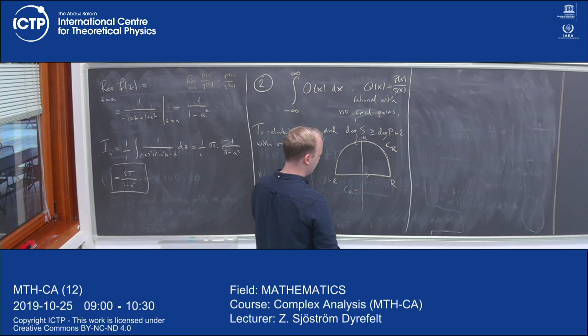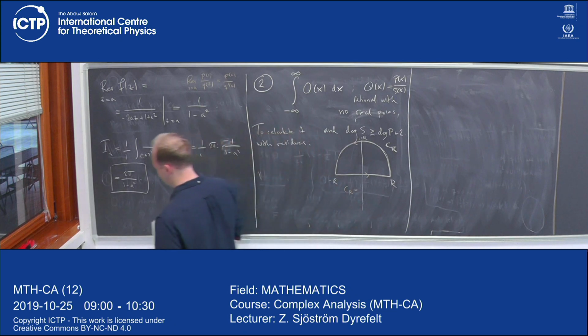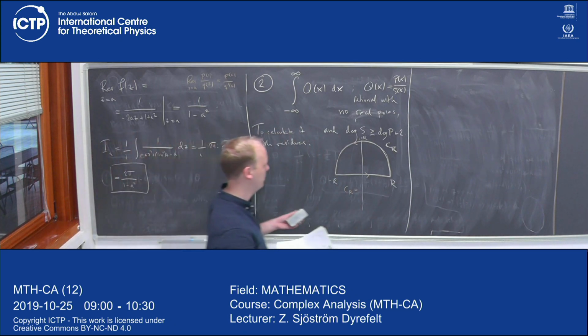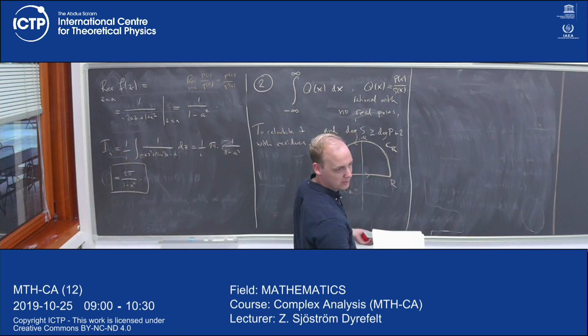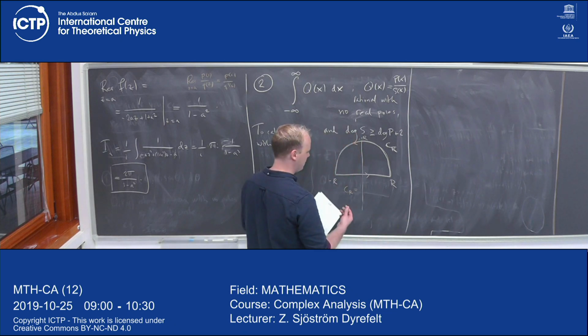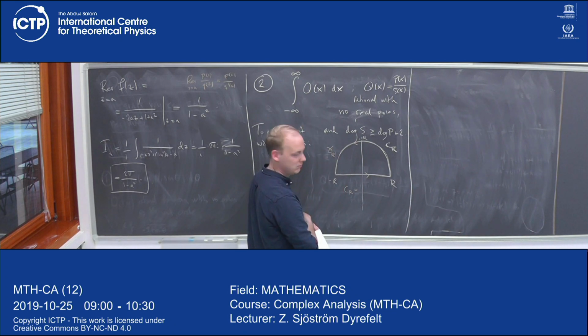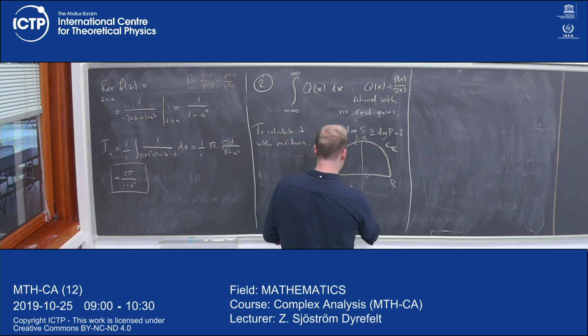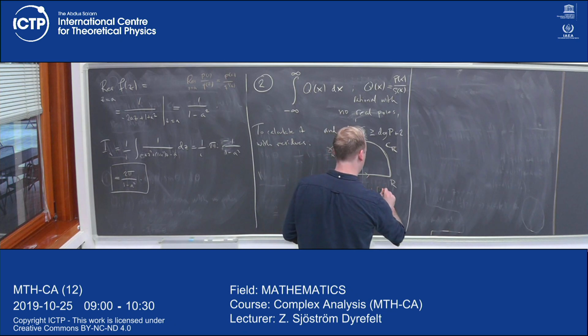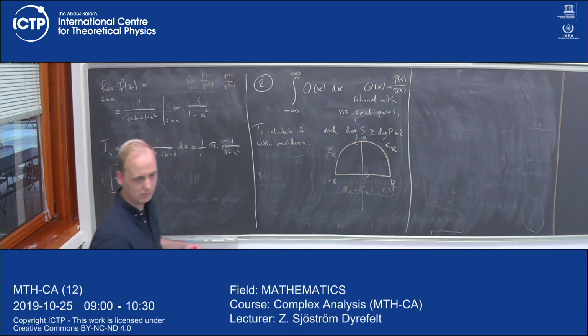The line. So maybe CR should be the half circle, and then the whole path should be gamma, but not just gamma because it depends on R. So it should be gamma R. Okay, and this should just be the interval minus R to R. So gamma R is equal to CR plus the interval minus R to R. Let's put it like this.